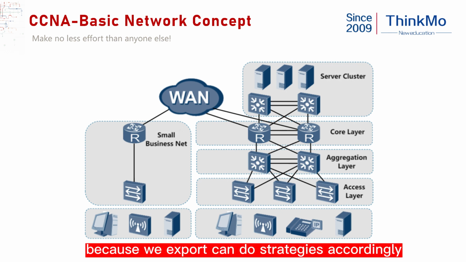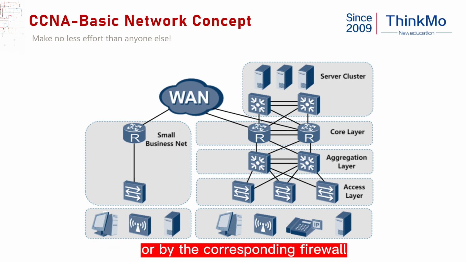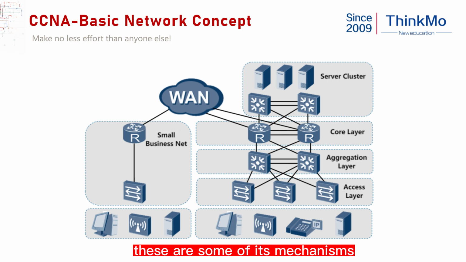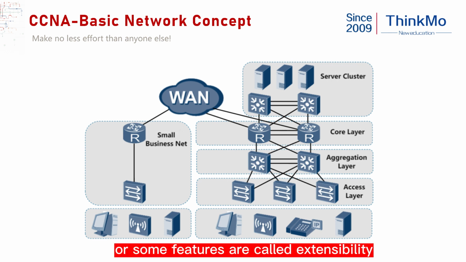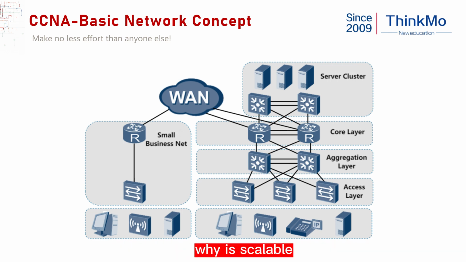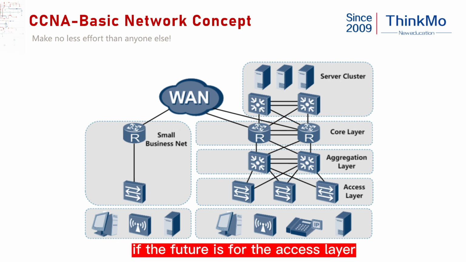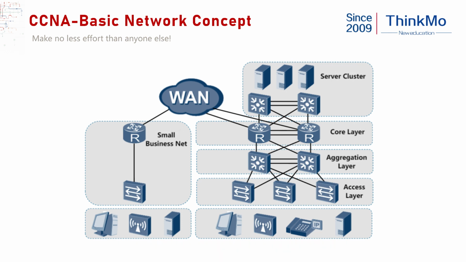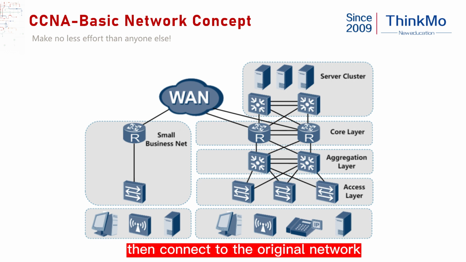And it is very safe, because at the exit we can apply policies accordingly, or through the corresponding firewall. And we are more scalable. These are some of its mechanisms, or features, called extensibility. Why is it scalable? You look at each layer: relatively speaking, they have so many backups. If in the future I want to introduce more terminals at the access layer, I add another access layer device and then connect to the original network.